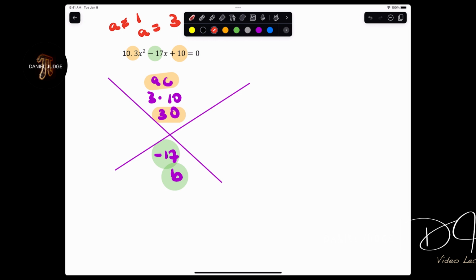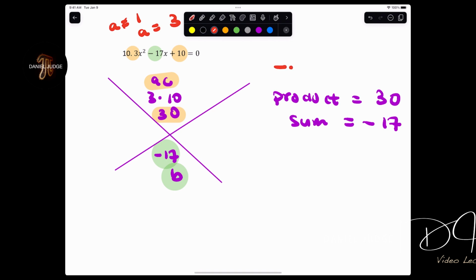So we need two numbers again whose product is 30 and whose sum is negative 17. Two numbers multiply together, product is 30, sum is negative 17. The only way we can have a sum be negative and a product be positive is if both of the numbers were negative.